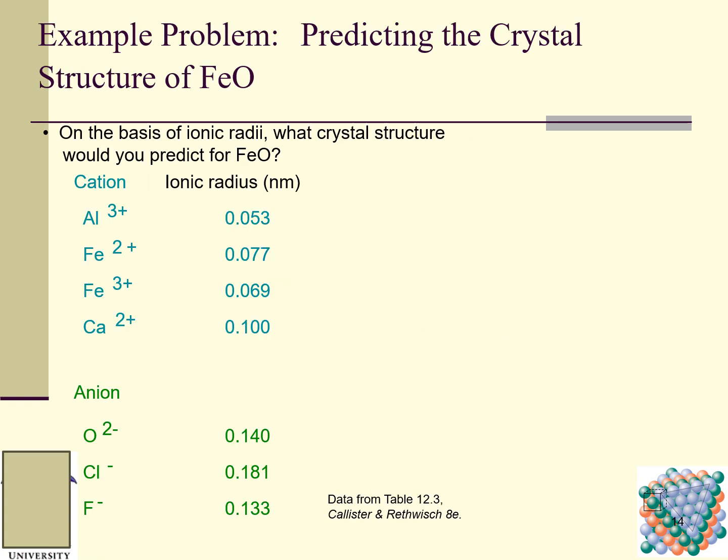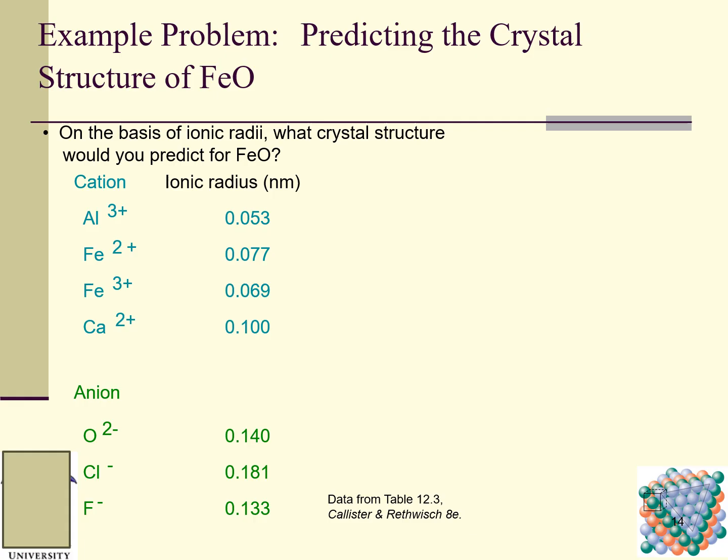So, example problem: predicting the crystal structure of iron oxide. Based on the ionic radii, what crystal structure would you predict for iron oxide? This is a cation, and this is the ionic radius.